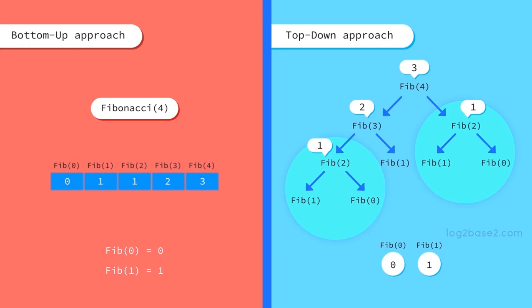But in the bottom-up approach, we have solved each sub-problem exactly once. To avoid this kind of recomputing of the same sub-problem, in the top-down approach, we should keep additional memory to store the results of already solved sub-problems. This is also called memoization. In the next video, we will understand how to use memoization to solve the problems effectively in the top-down approach.